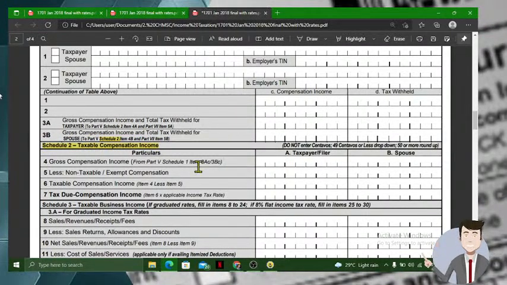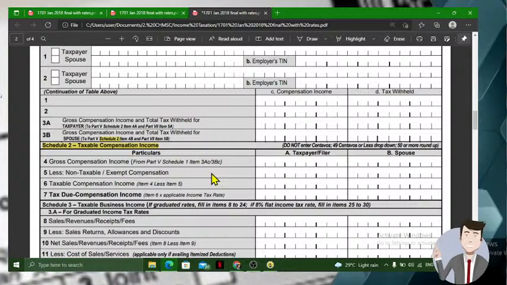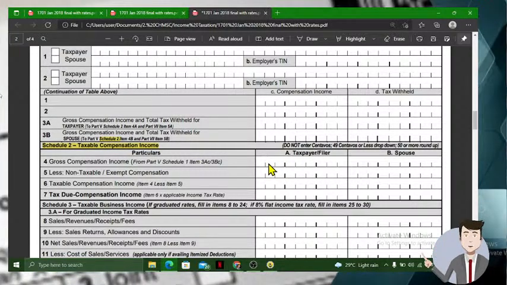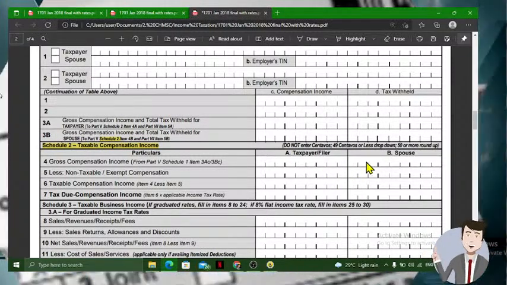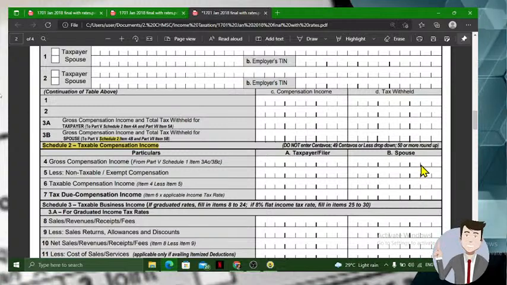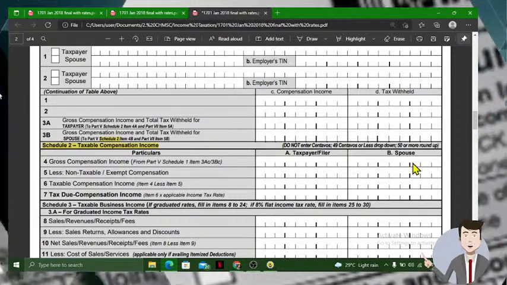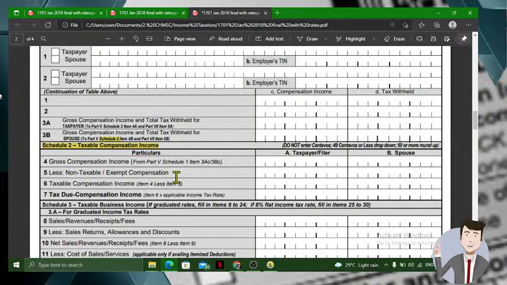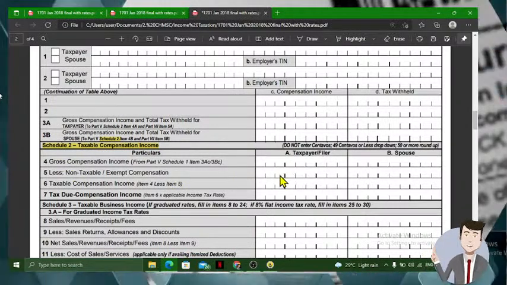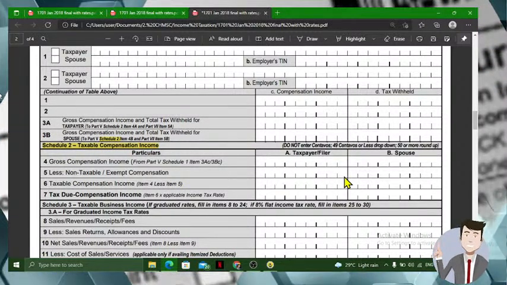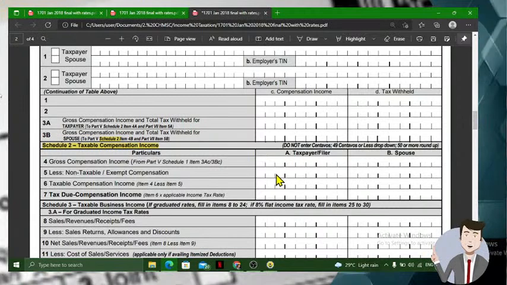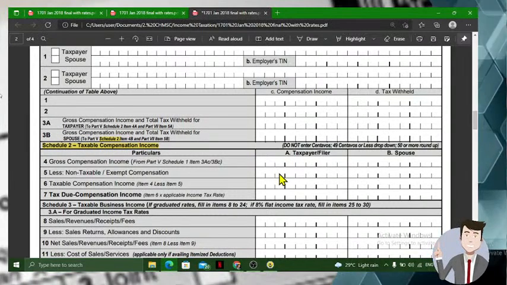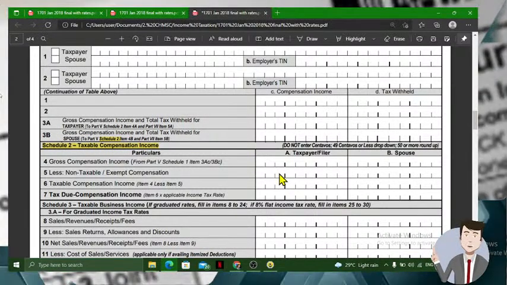Okay? So you have to fill up the gross compensation income for taxpayer and gross compensation income for spouse, then less non-taxable or exempted compensation. What is referred to in this non-taxable or exempted compensation are those taxable benefits that do not exceed the threshold of 90,000.